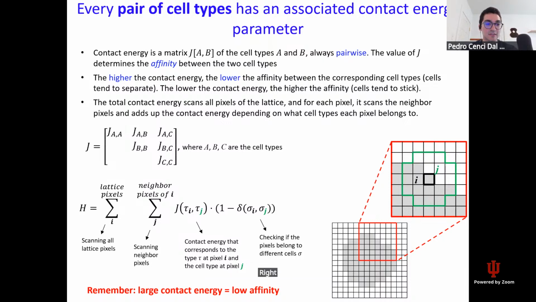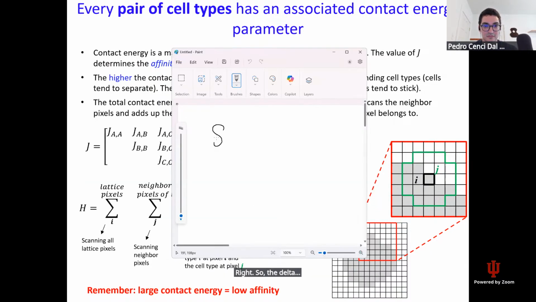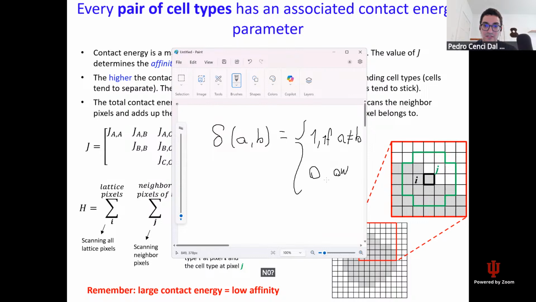So delta is 1. Sorry. We have delta AB is 1 if A is different than B and 0 otherwise. This is delta. Sorry, it's the other way around.